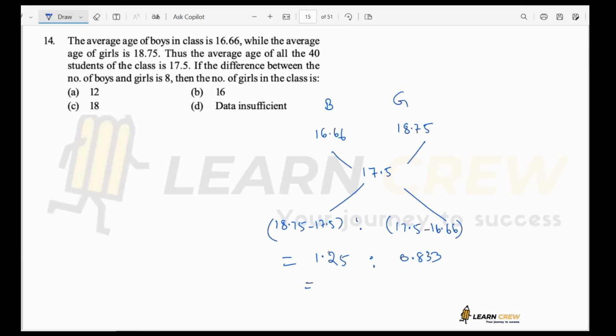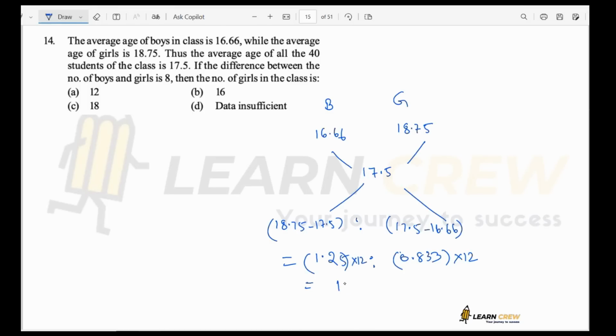I multiply this with 12. 0.833 multiplied with 12. Understand? Why am I multiplying? To remove these decimals. 1.25 into 12. Will the ratio change? No, because the ratio is multiplied with the same value.